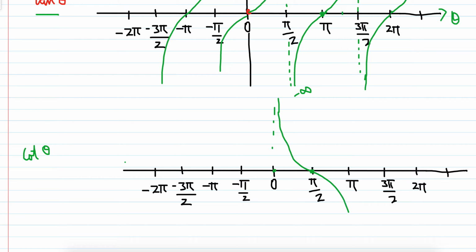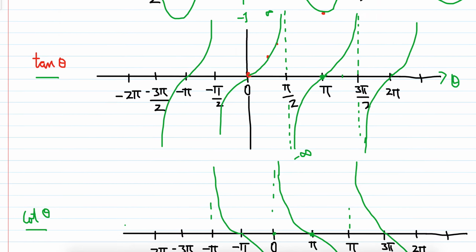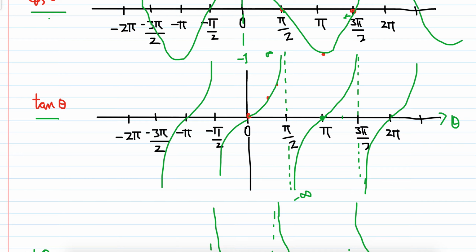And at pi it will be minus infinity, and here again. So this cot theta also looks similar to tan theta, but it looks like just the mirror image.